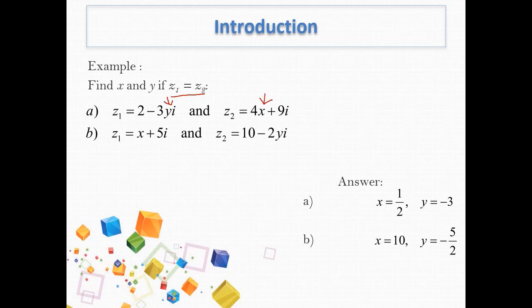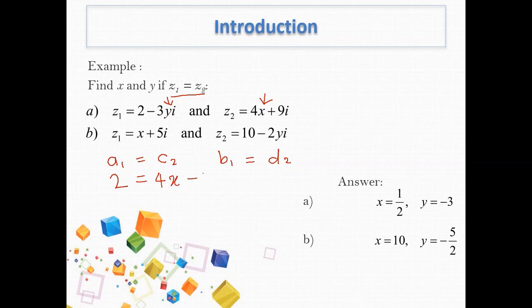So from z1 equal to z2, a of 1 must be equal to c of 2, and b of 1 must be equal to d of 2. What is a1 here? It is 2. What is c2? c2 is 4x.